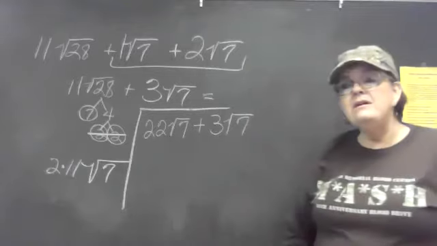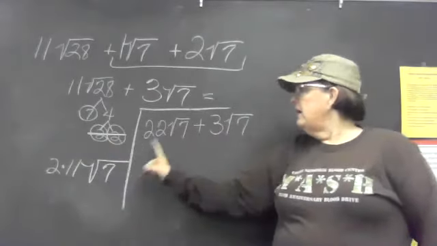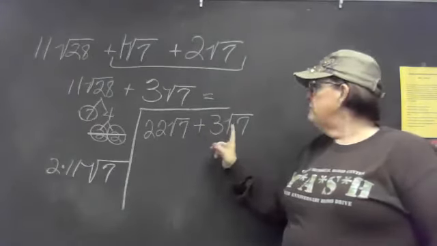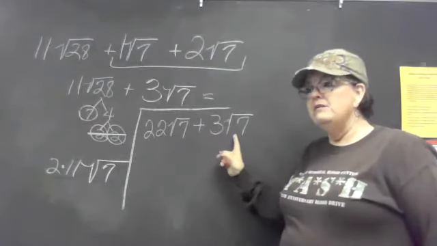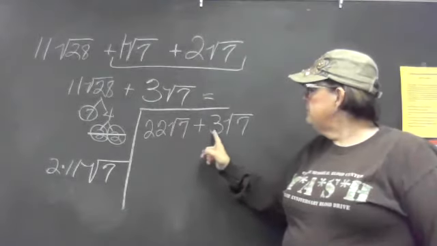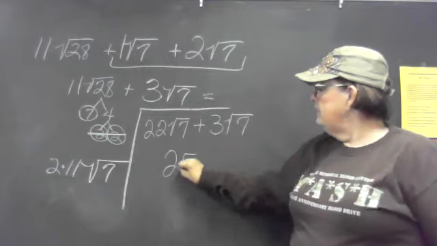Now you can see that because I simplified this, now I have common terms. So now I can add these together. So I have 22 of these plus 3 of these makes 25 of these.